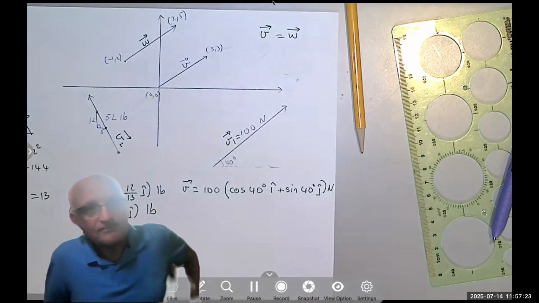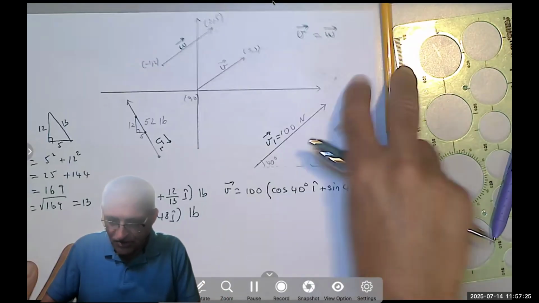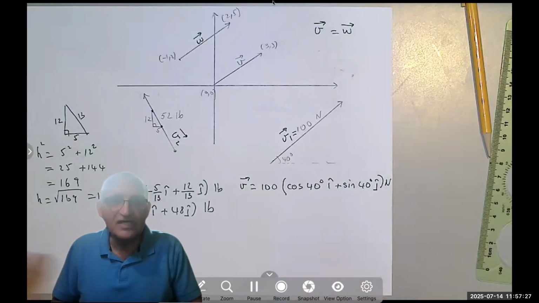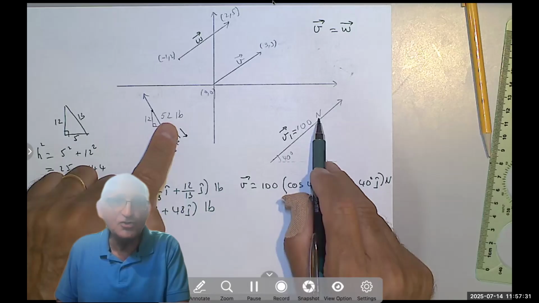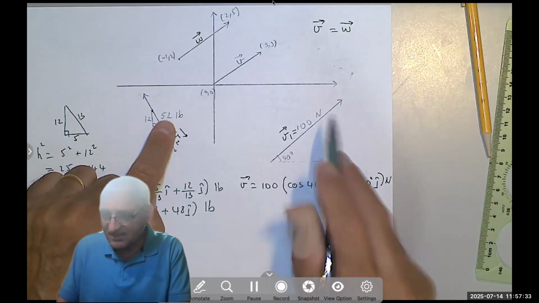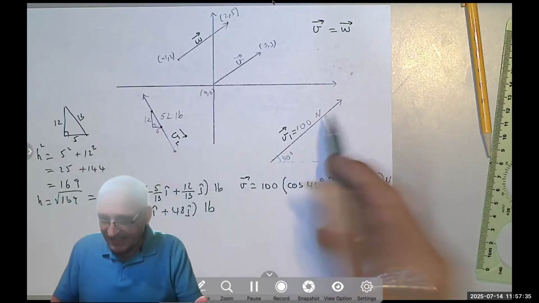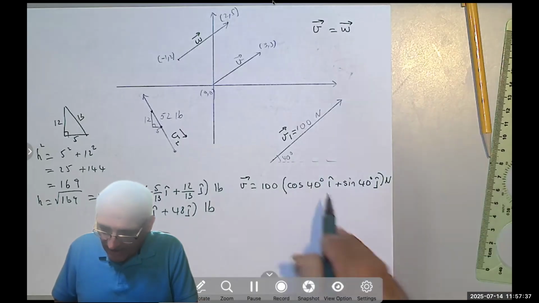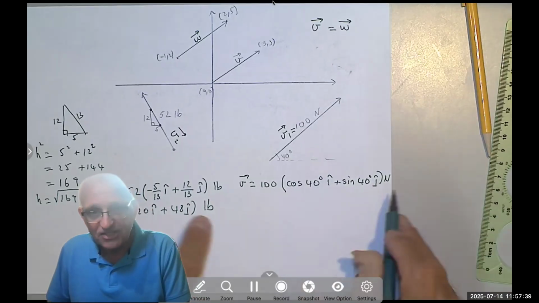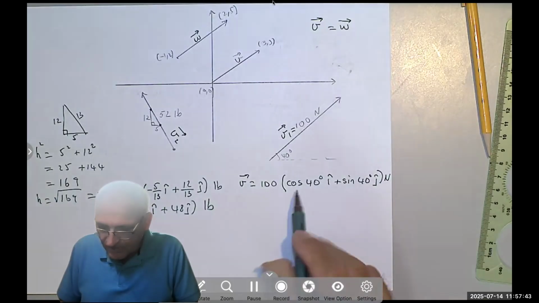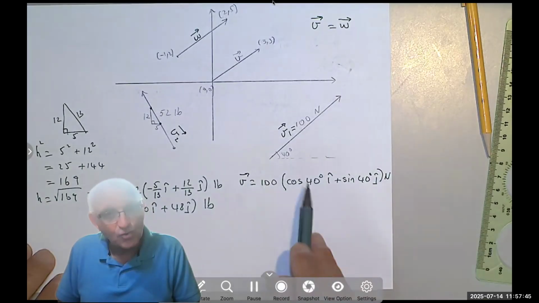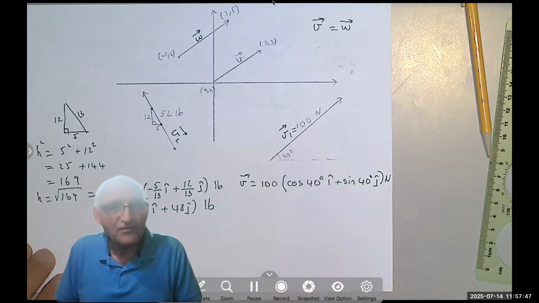And that's it. I think I will stop here. You will see also that if I want to add these two vectors, of course I can't add them because one is in Newton, the other is in pound, but let's assume this was a pound. I can add them very easily. I'm going to add the i's together, the j's together, and I will end up with a new vector. So I use my calculator and see what is 100 cosine 40, subtract 20 from that.